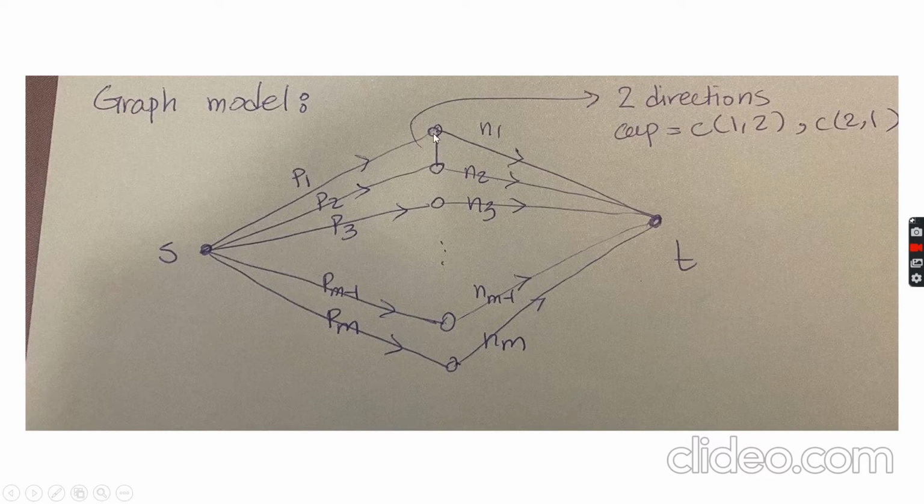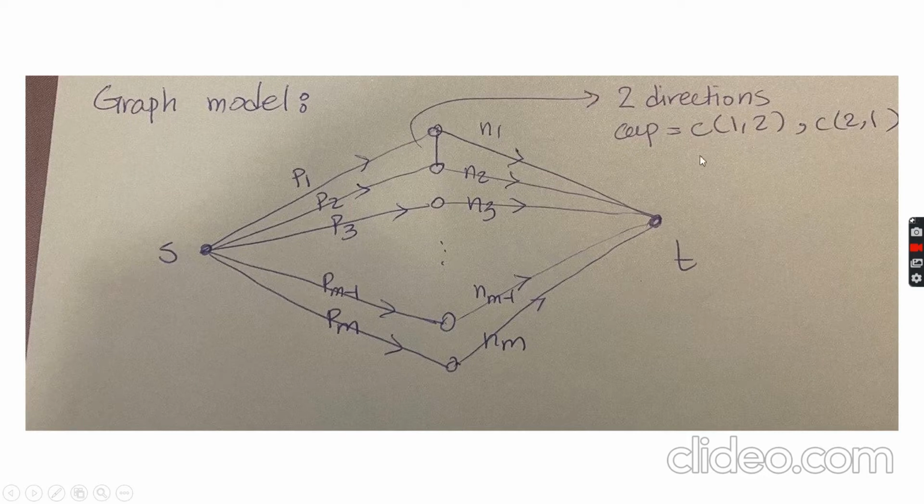Also, between every two product nodes, there are two different kinds of edges. So we have edges in both directions. One of them is the cost of incompatibility between product 1 and product 2 here, and the other is the cost of incompatibility between product 2 and 1.